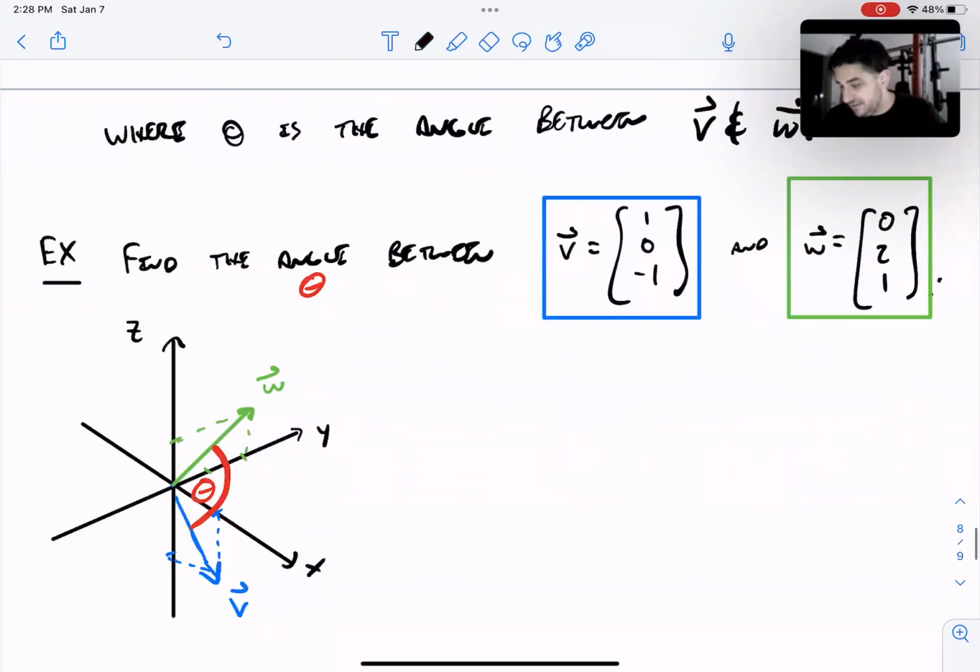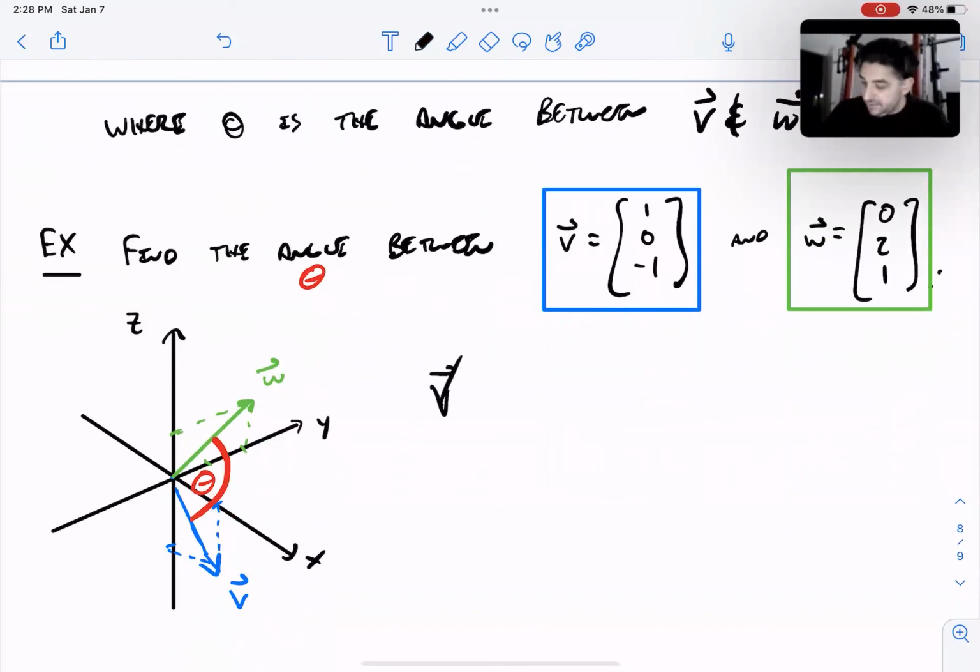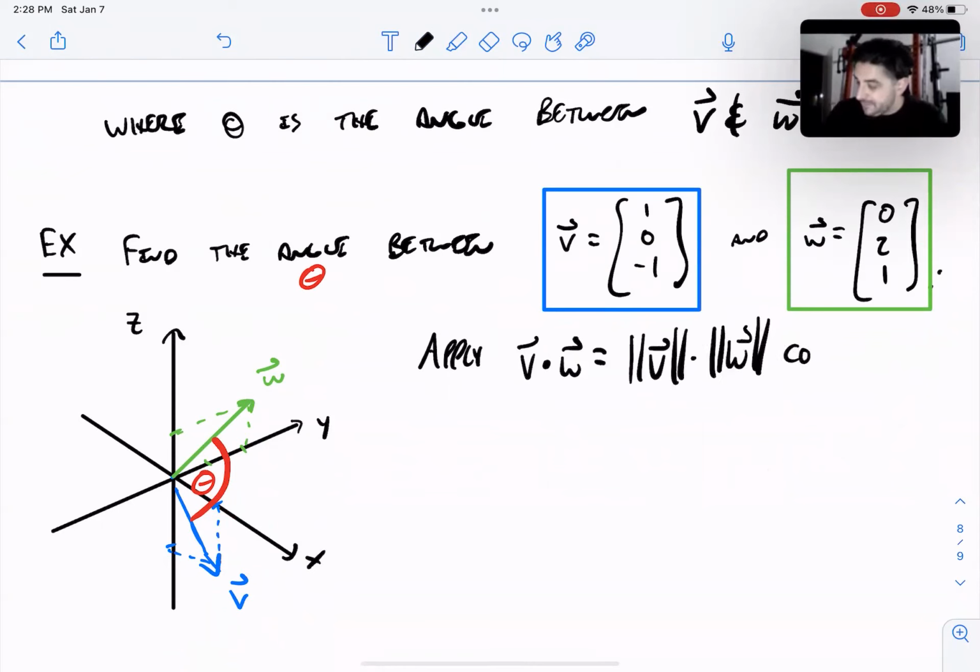So to do this, I'm going to apply the dot product formula. I'm going to say V dot W equals magnitude of V times magnitude of W times cosine theta, right? And that theta, there's our unknown right there.